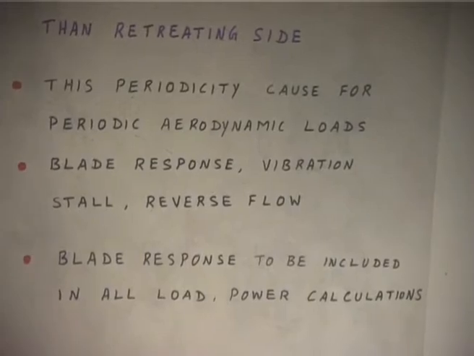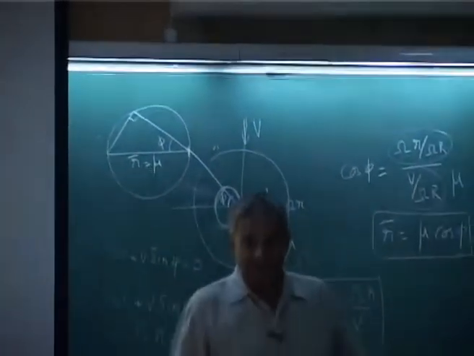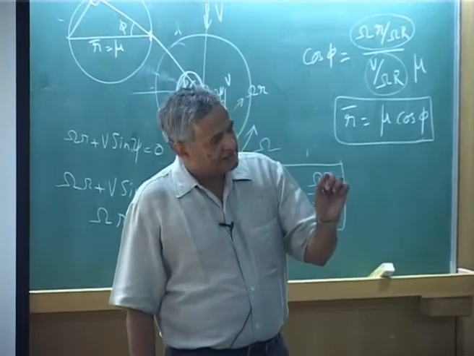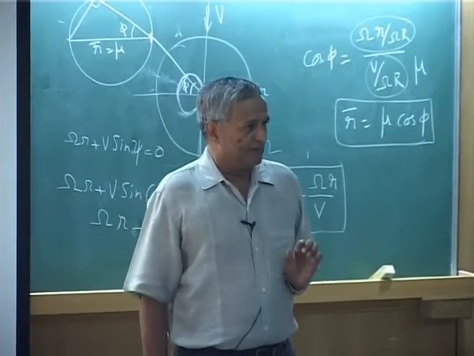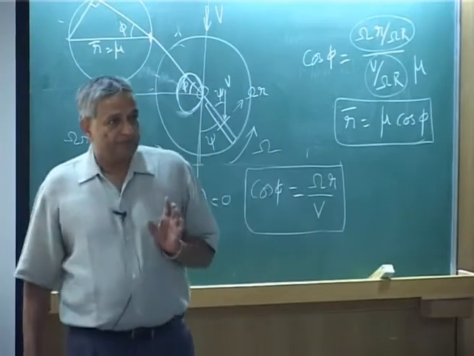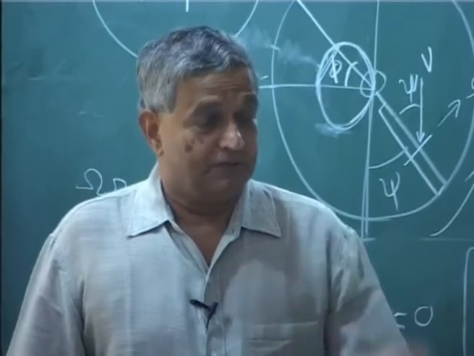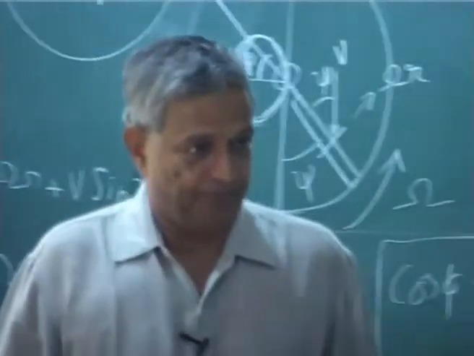It is not that you simplify to such a large extent that it becomes meaningless. You simplify in a way which is reasonably meaningful. And then we need to get inflow. Inflow is another complication.